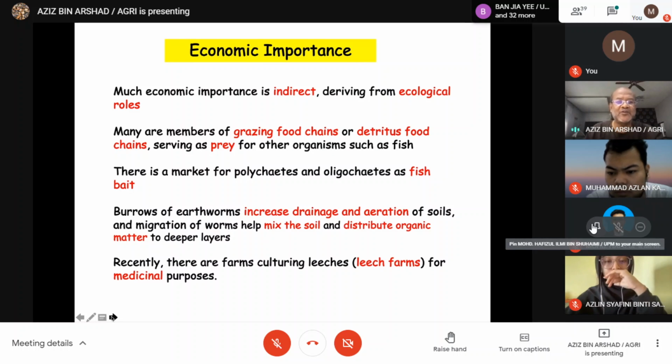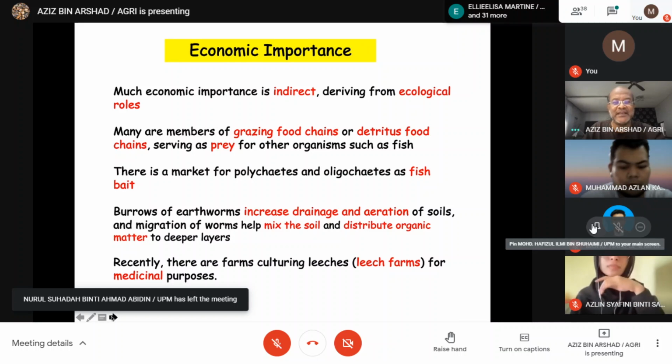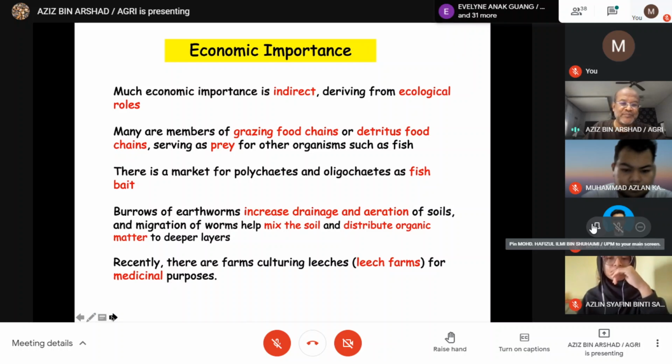In terms of economic importance, most of this phylum Annelida have an indirect role. Mainly, they are more associated with the ecological role. Many members of the annelids are in the grazing food chain or detritus food chain, as well as serving as prey for other organisms such as the higher group, including fish.